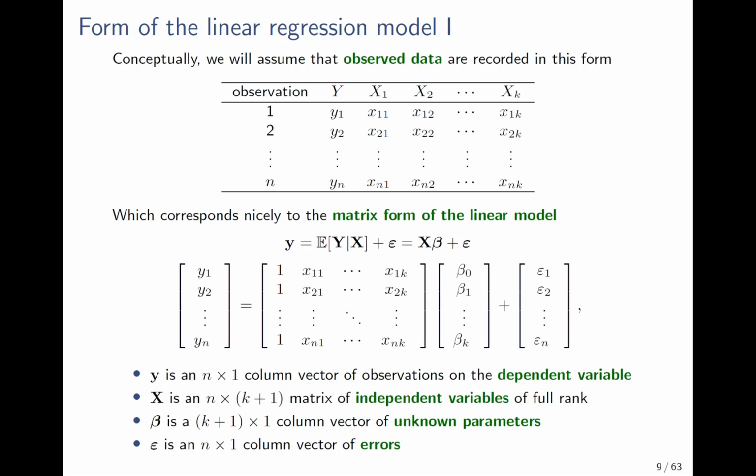And a necessary and sufficient condition for non-singularity is that all of the columns of x must be linearly independent. Now, the rank of a matrix gives us the maximum number of linearly independent columns. And because we're assuming, and we're going to assume this throughout this lecture, that x is of full rank, it means there's no linear dependence between the columns of this matrix, and that's going to let us go on and invert the square matrix, which is the product of x transpose x, as we proceed.